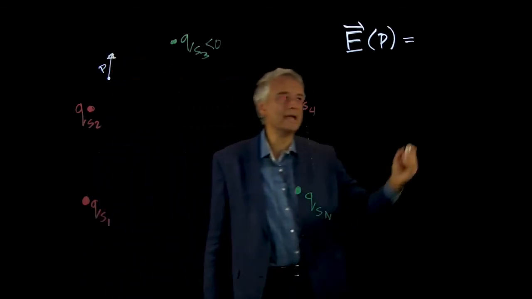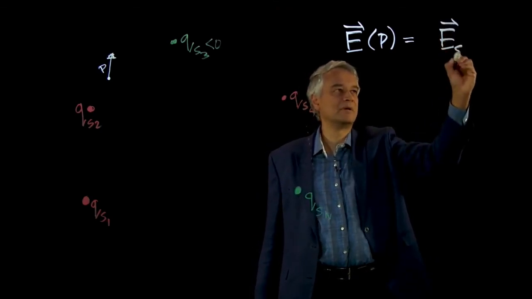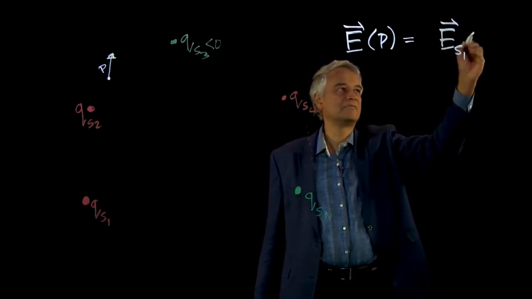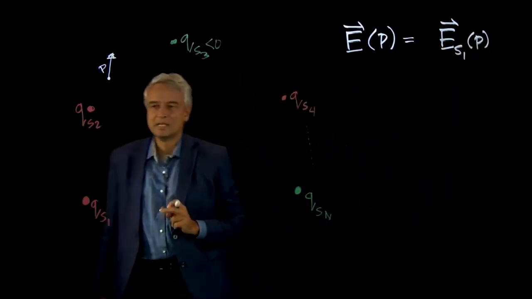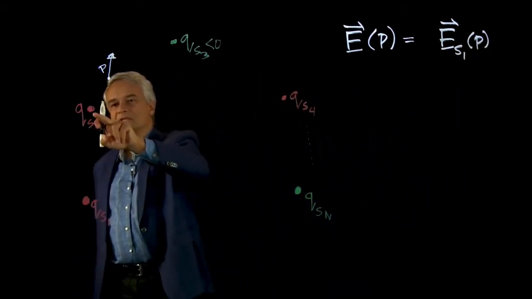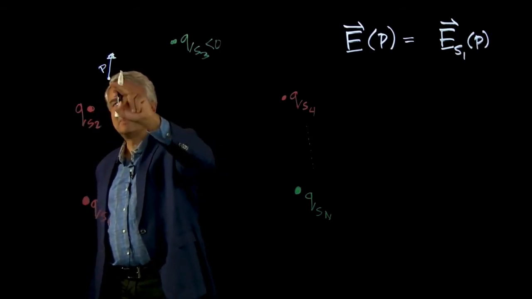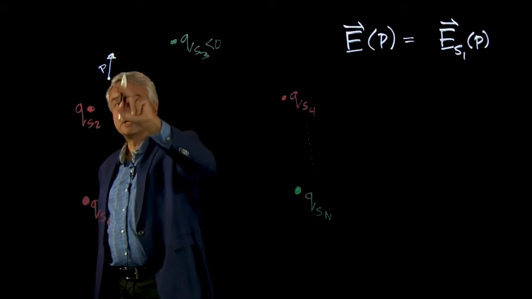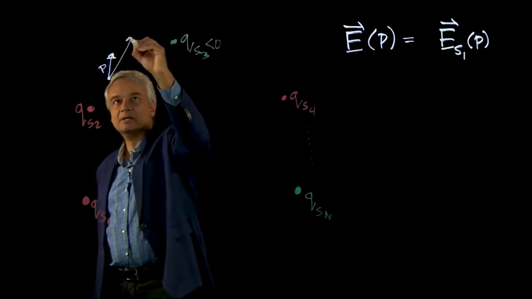Maybe that's going to factor into my answer in some way, so let me write it down here. I've figured out what the electric field at the point P is caused by the source of charge S1. Now let me keep going. Here's source of charge S2. That makes an electric field at the point P, which, because I'm so much closer, I'm going to draw as a bigger vector. It's pointing in this direction.